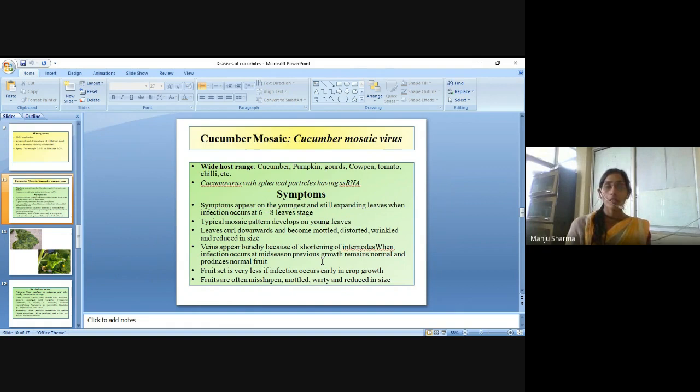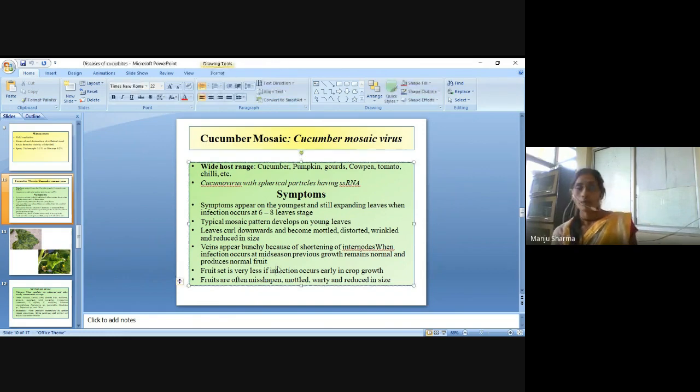Leaves curl downward and become mottled, distorted and wrinkled. Plants appear bunchy because of shortening of internodes.